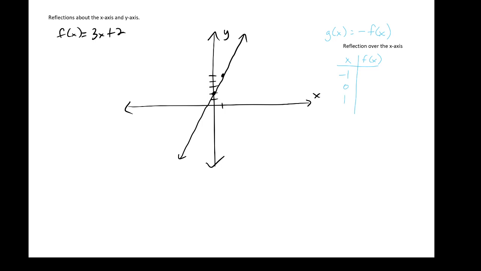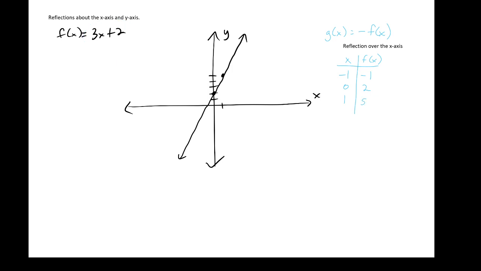When I put a -1 in, that's going to be -3 plus 2, which is going to be -1. If I put in 0, it's going to be 2, and again, I'm inputting it back into this equation. If I put in a 1, it's going to be 5.